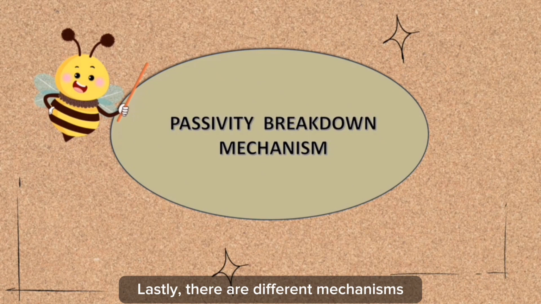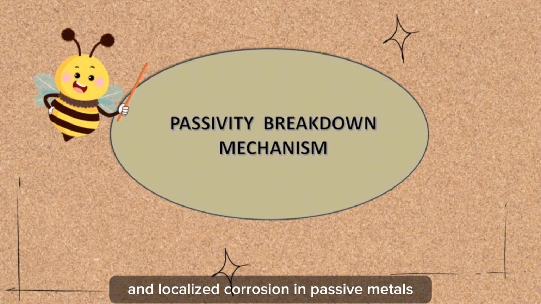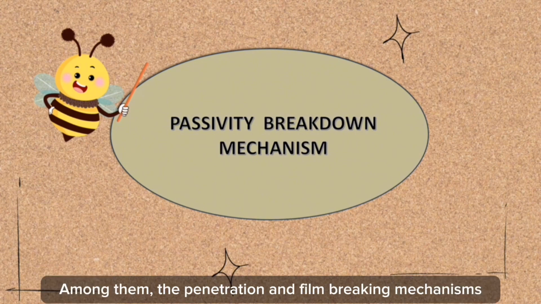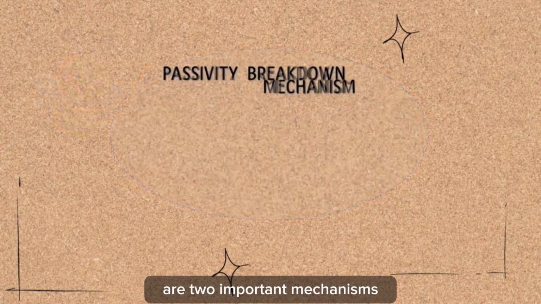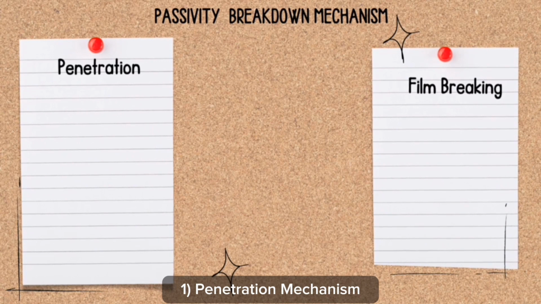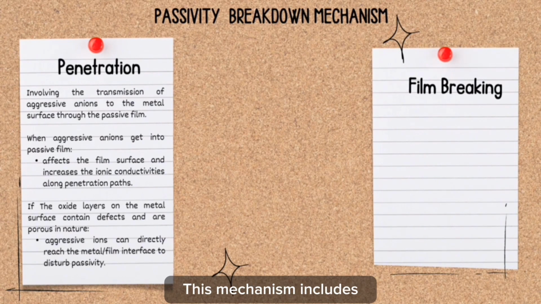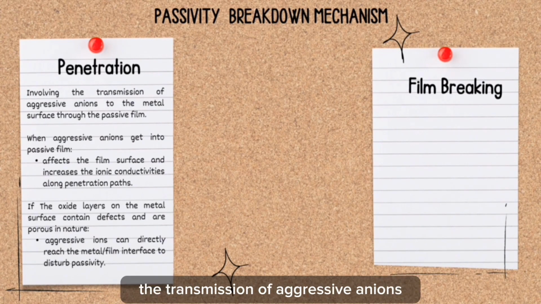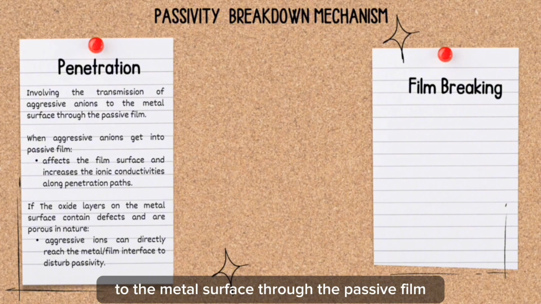Lastly, there are different mechanisms for passivity breakdown, leading to pitting and localized corrosion in passive metals. Among them, the penetration and film breaking mechanisms are two important mechanisms. First, penetration mechanism. This mechanism includes the transmission of aggressive anions to the metal surface through the passive film.